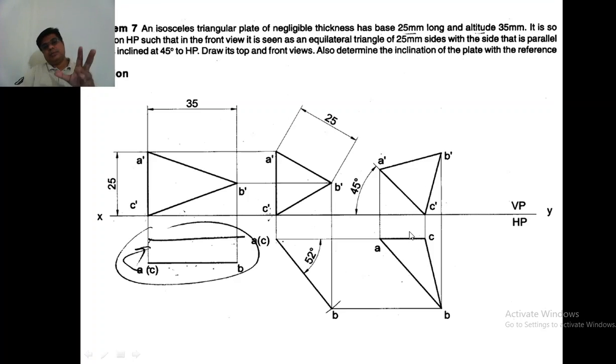All the concepts will be the same, only the planes will be changing, and according to the given conditions, you will draw the front view and top view.